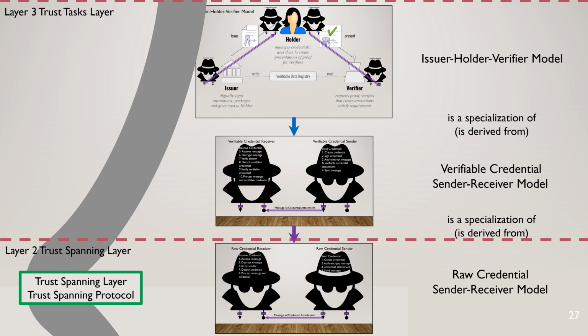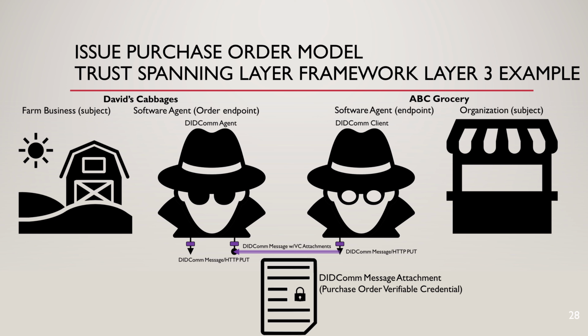In turn, the issuer holder verifier model at the top of the page is a specialization or derivation from the verifiable credential sender receiver model in the middle, the blue arrow. Highlighted there.